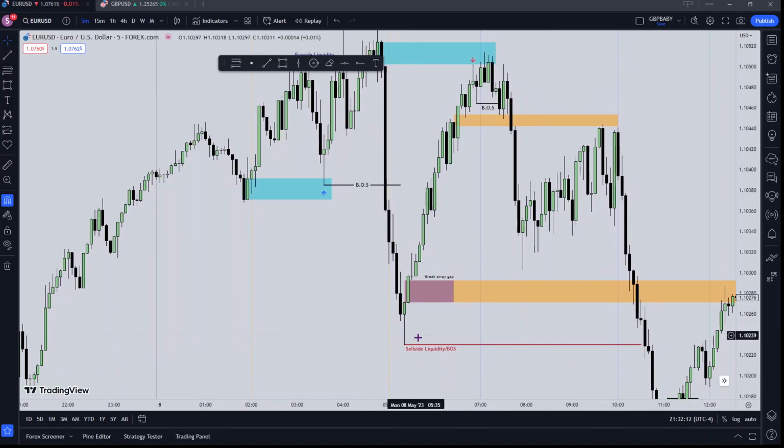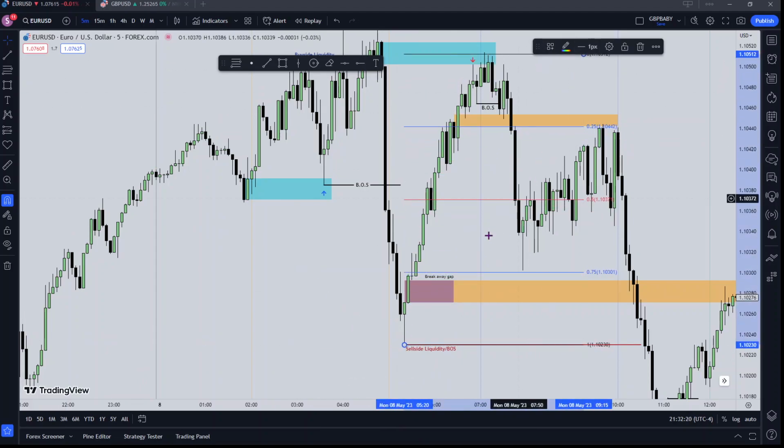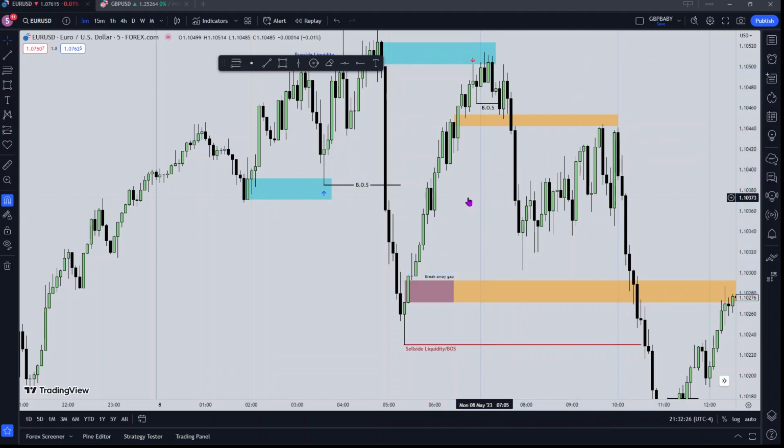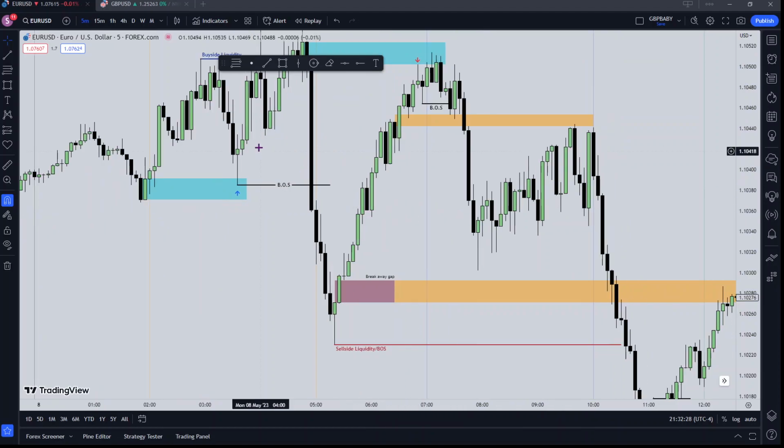Where would I want to get out? Below this low, and then I'd let out half my stuff at 50% off this range, which would be on this candle here, so just below this low. I'll keep doing that.